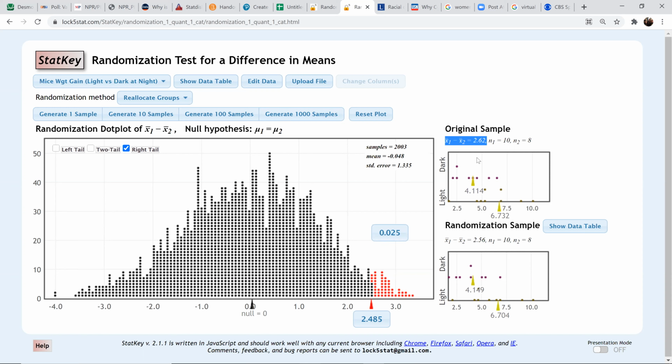So one of two things happen. Either I got this result just by chance, or there's really a difference between these two means. I should reject this possibility that mu1 equals mu2.